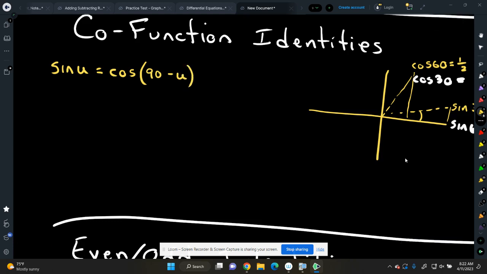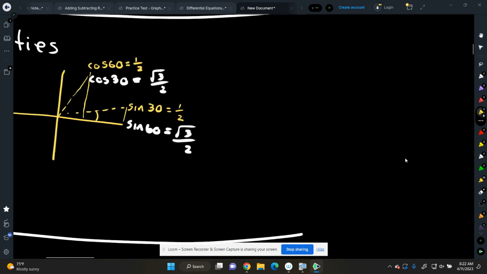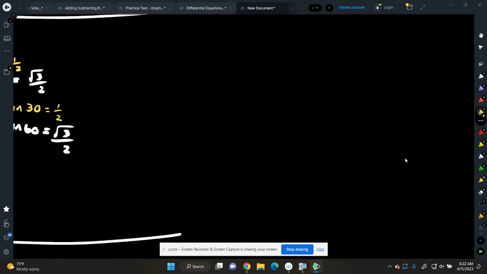So the sine of an angle is equal to the cosine of its complement. This shows up on your SAT every once in a while in some form. In fact, it was on the last SAT. Okay, and the way it was on the last SAT was some complicated looking problem, right?